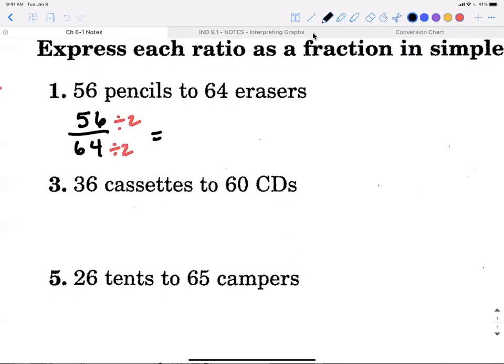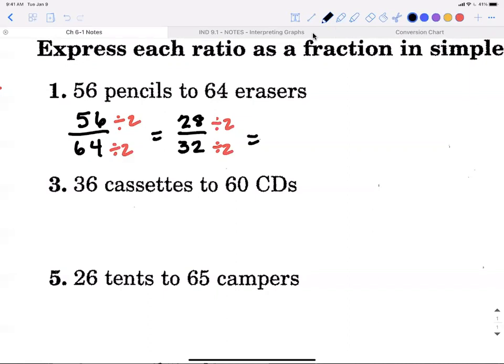And if you divide them both by 2, you get 28 over 32. And again, something big here might jump out at you. Great. If it doesn't, they're both even, so keep doing what's easy, right? Keep doing what you know until something big jumps out at you, or until it's irreducible.